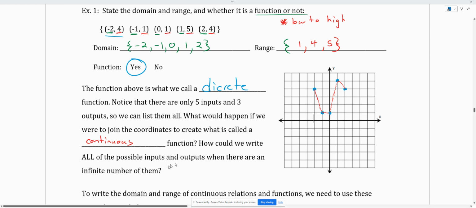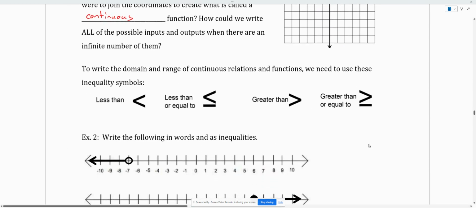So how could we take this continuous function, not just coordinates, not just dots, and represent them all? Well, we're going to be using what's called inequality symbols. Now you might recall these from middle school. The first one is less than, the second one is less than or equal to. The third one here is greater than, and the last one is greater than or equal to. Again, the greater than or equal to gets the extra line below.